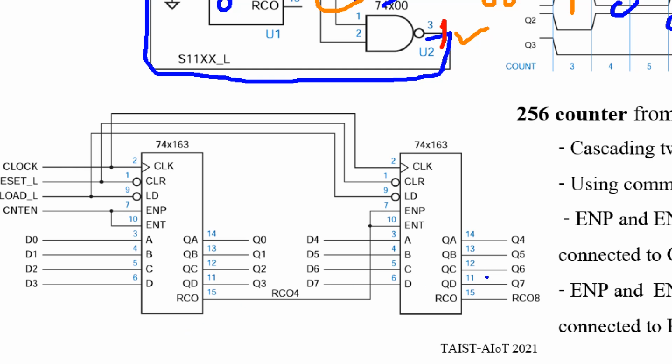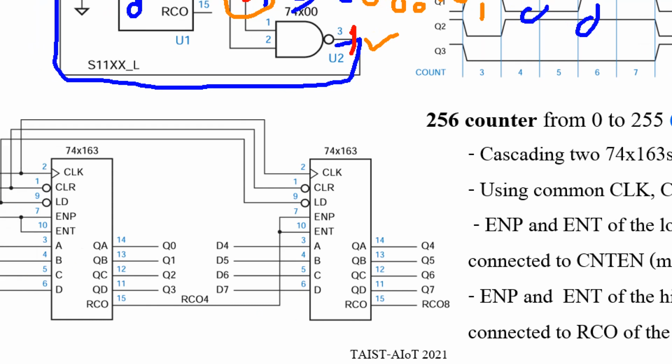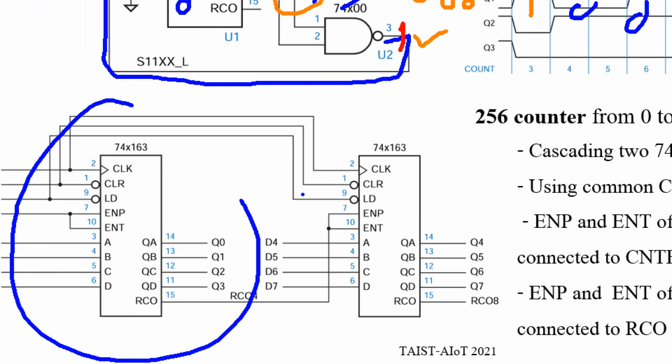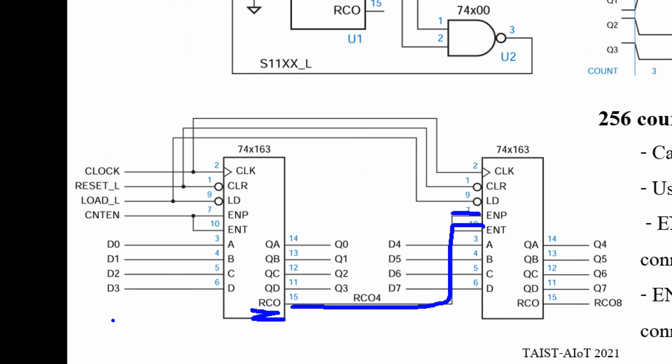By the way, if you want to count more than 4 bits, for example an 8-bit counter, you can use these two IC modules connected together by using RCO. RCO connects to this enable, and they share a common clock, common clear, and common load.